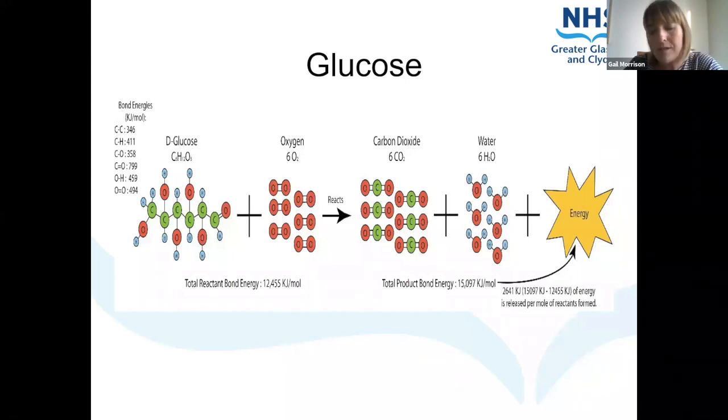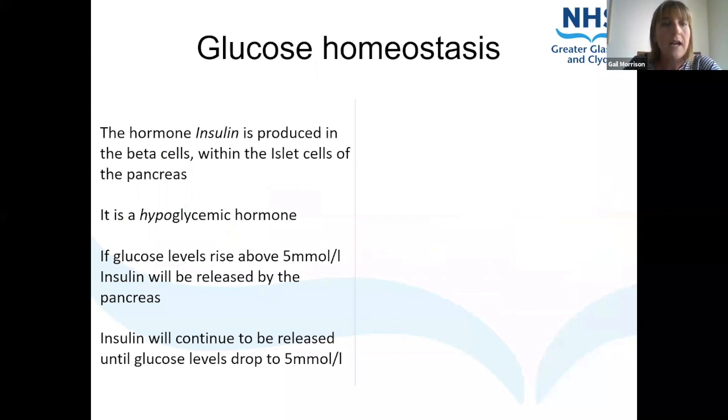But what's supposed to happen in the body is that insulin's produced when we take in sugar. Insulin is a hypoglycemic hormone, and if the glucose levels rise above 5 millimoles per litre, the insulin will be released by the pancreas and will continue to be released until those glucose levels drop again.